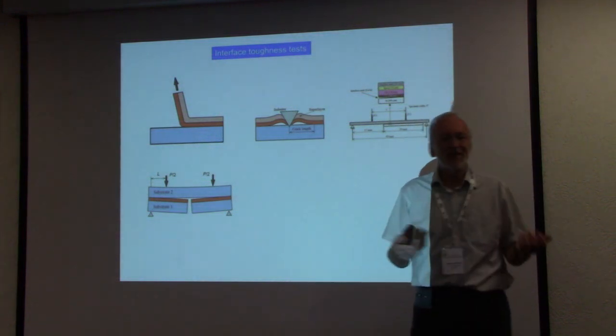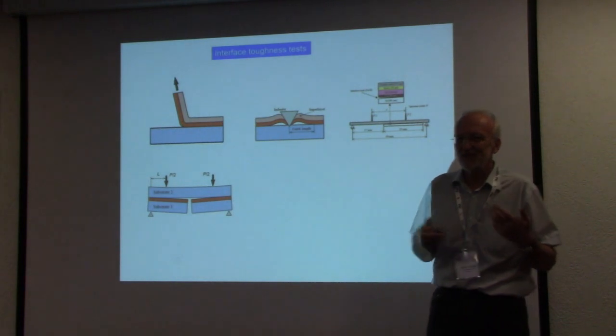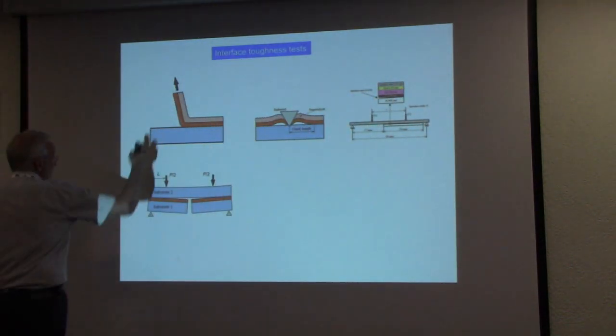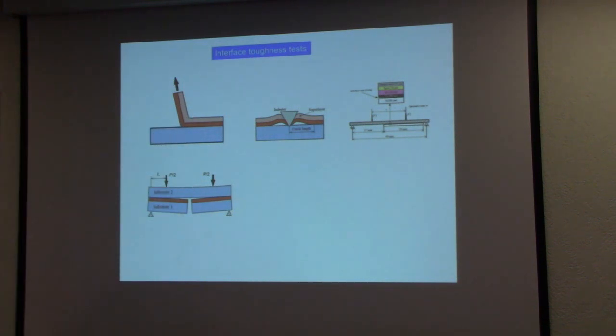But they are not really quantitative, they are usually only qualitative values for the production. But in principle, if you really measure the load, one could use it to measure the toughness.